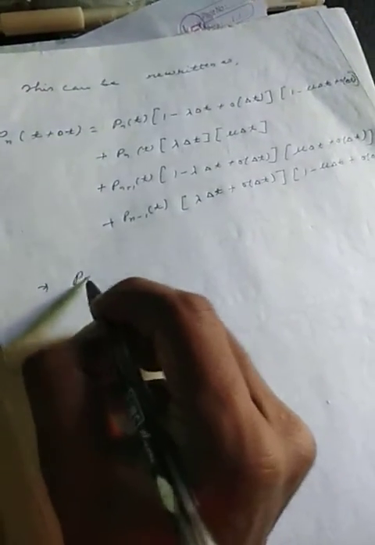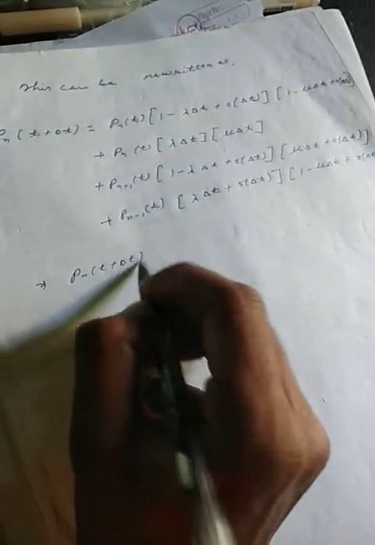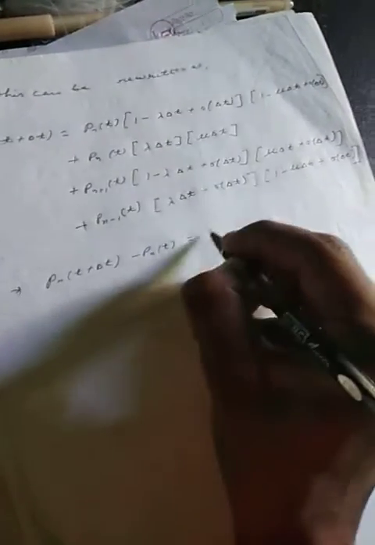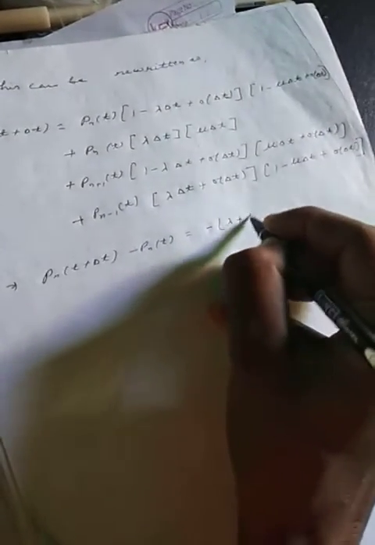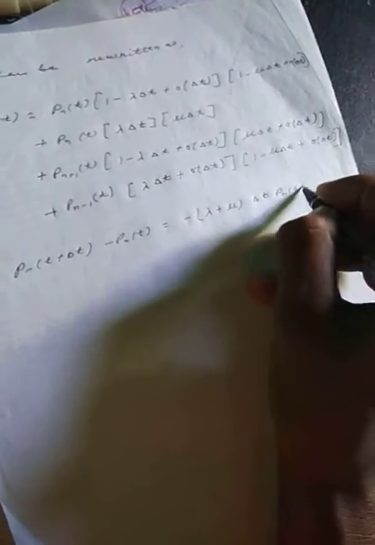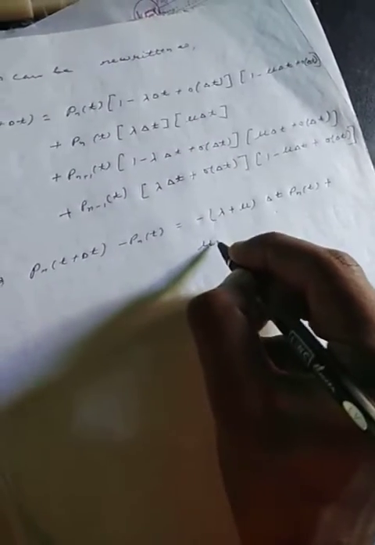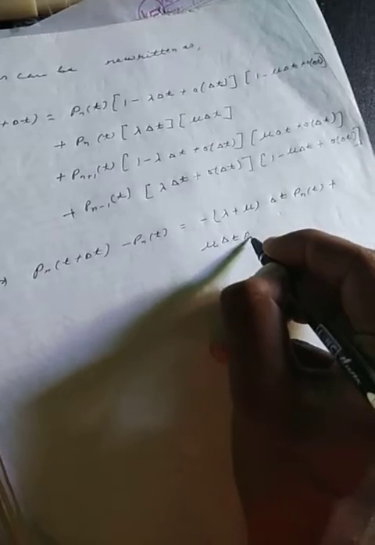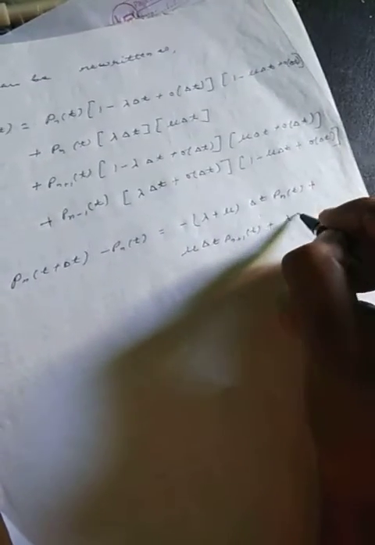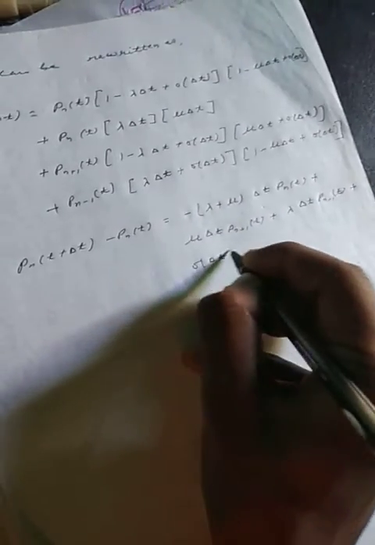So this will imply that Pn(t plus delta t) minus Pn(t) equals minus (lambda plus mu) times delta t Pn(t) plus mu times delta t Pn+1(t) plus lambda times delta t Pn-1(t) plus order of delta t.